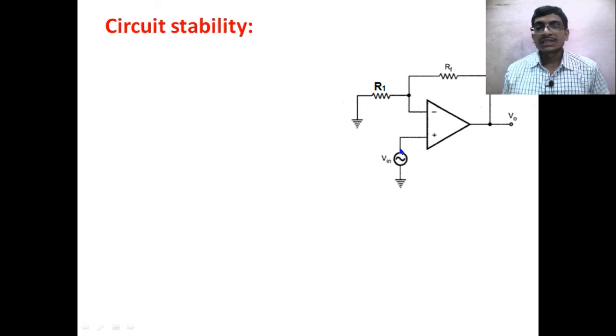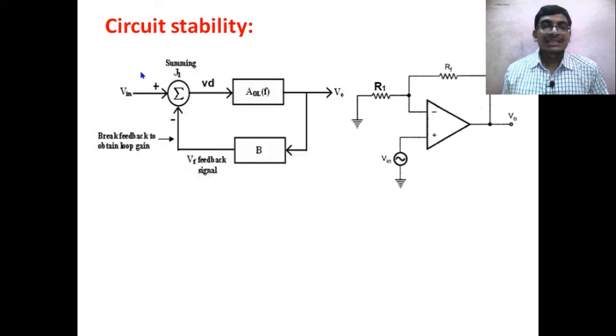Because the VIN supply has been given to the non-inverting terminal of our op-amp, this amplifier is called a non-inverting amplifier. This is the equivalent block diagram for the non-inverting type amplifier including the feedback. Here the feedback has been done by the resistor RF.